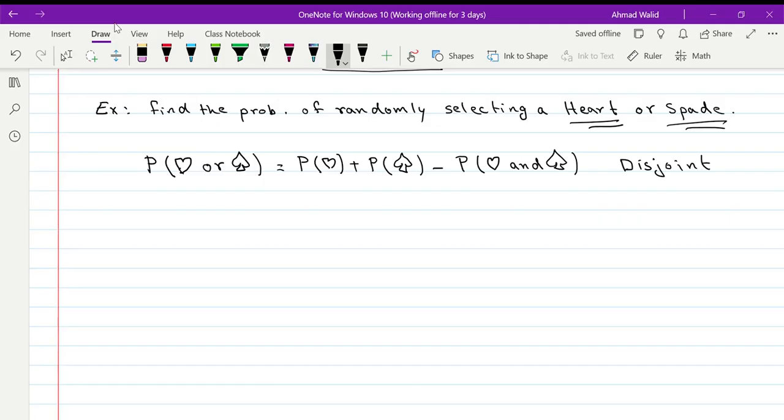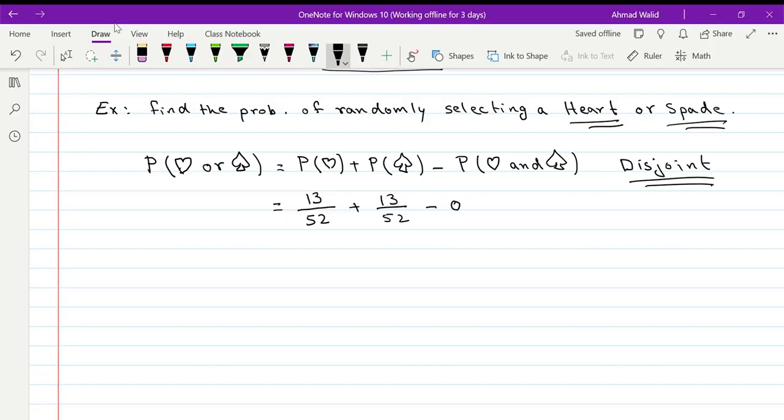They are disjoint, correct? Then, what is the probability of having a heart? How many hearts do we have in a deck of cards? 13. How many total? 52 cards. Plus probability of having a spade. You have 13 spades and 52 cards. Minus, because this is disjoint, this part becomes 0.